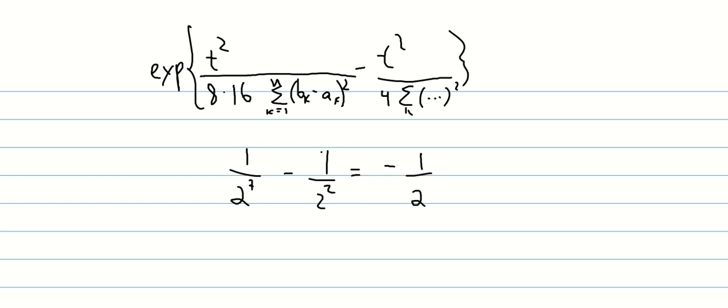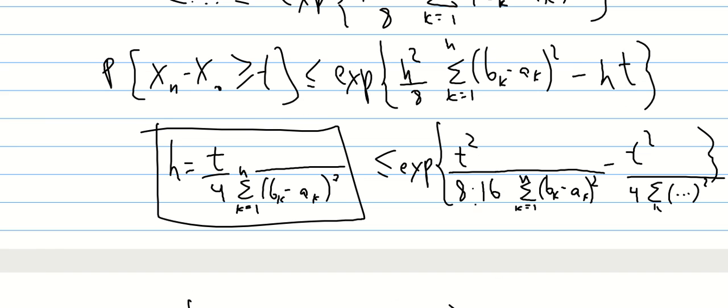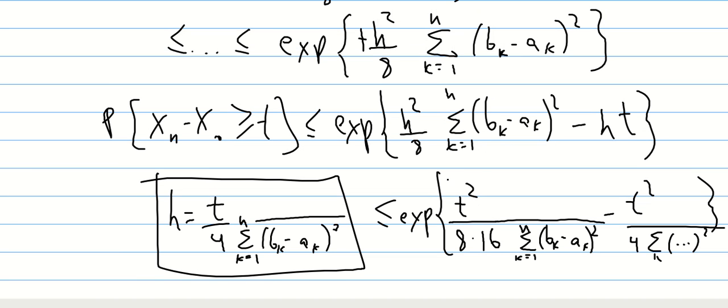We have 2 to the 5. I think this is wrong. Somewhere I may have made a mistake. So it's 2 to the 5 minus 1 over 2 to the 7. This looks strange. So there's something wrong here. One over 8.